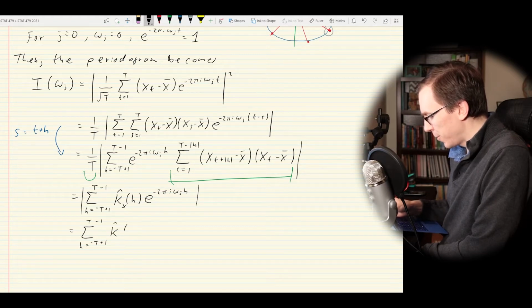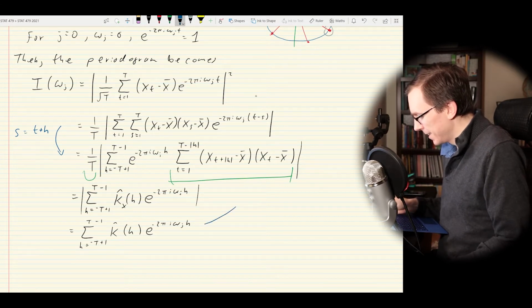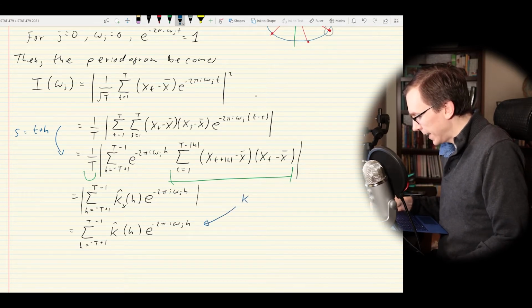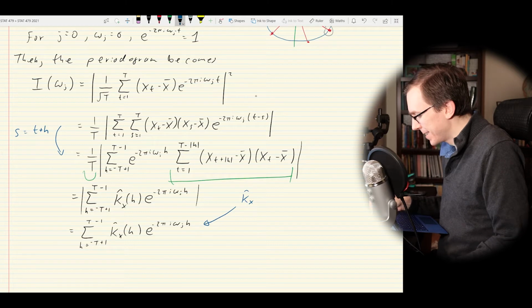So the question is, why am I dropping the absolute value sign? The reason is because k hat, and I forgot to put the x there. Not super important, but always good to remember that.